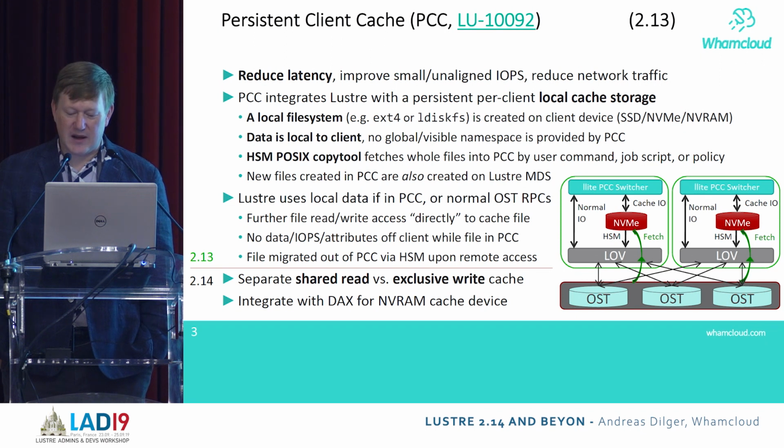And so this is quite attractive in terms of reducing latency. You get basically exactly local file system performance. The one caveat being that new files that are created in the file system still talk to the MDS to create the file, but it's immediately created as a stub and it's stored in the local PCC archive file system.